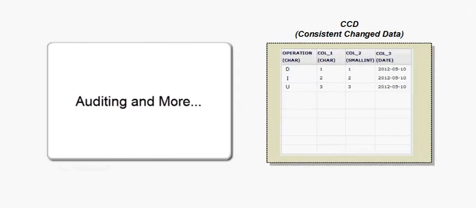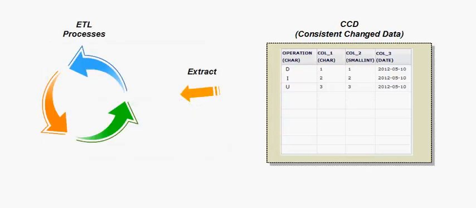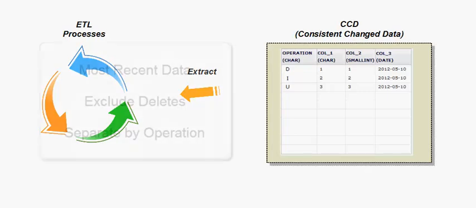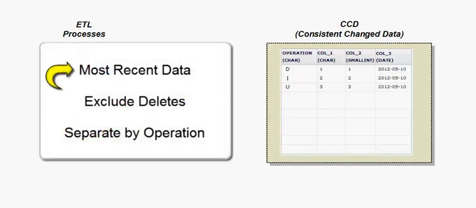With its audit data, a CCD can provide double duty as both an audit trail of changes and an input to ETL tools. For example, an ETL tool could choose to only extract the most recent data, or to exclude deletes, or to process each type of operation in a different way.